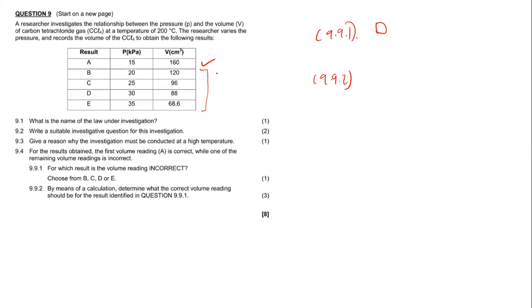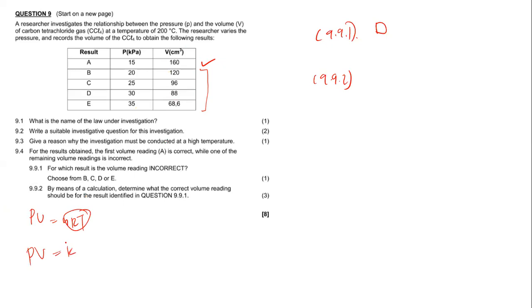Now, we're going to use the correct one. We don't want to assume this is not correct, so let's just use the correct one, okay? People forget these formulas. I always say this: if you forget the Boyle's law equation, you can just say PV equals nRT. This is constant, so PV equals K, where K is for constant.